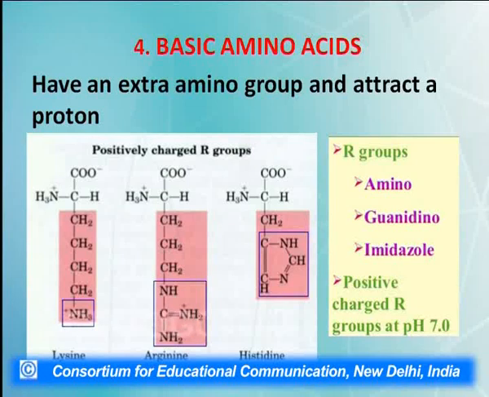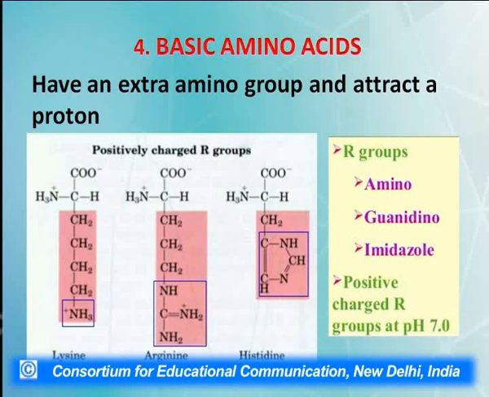Now, if we talk of basic amino acids, what you have to remember is that as acidic amino acids had one carboxylic group more in the side chain, the basic amino acids will have one basic group or amino group in the side chain. In lysine, the basic group is the amino group, that is, the R group here is the amino group which is making lysine basic in nature.